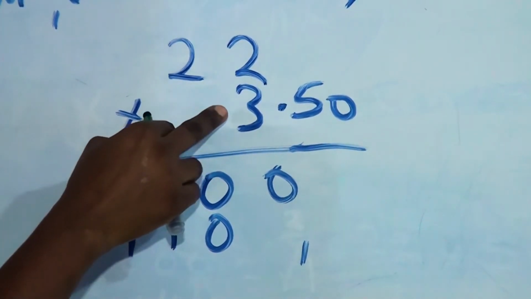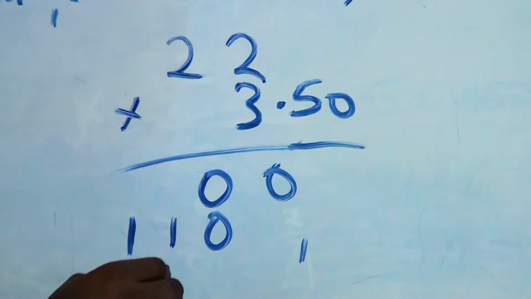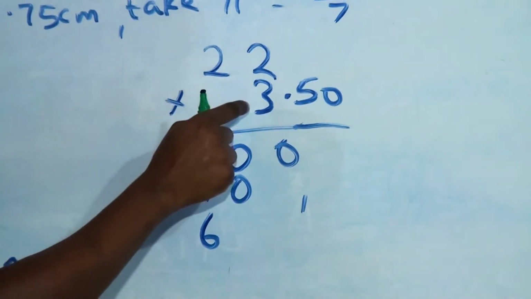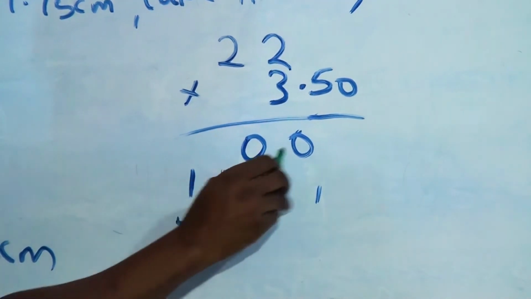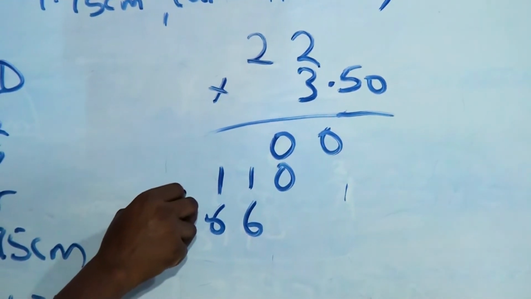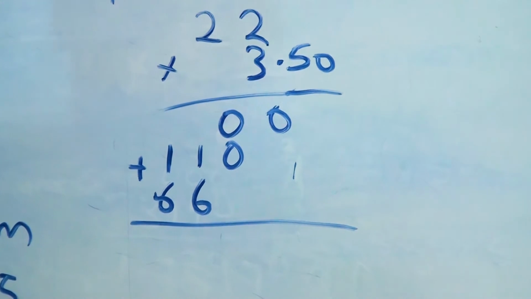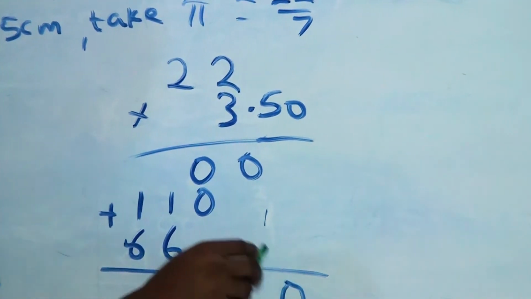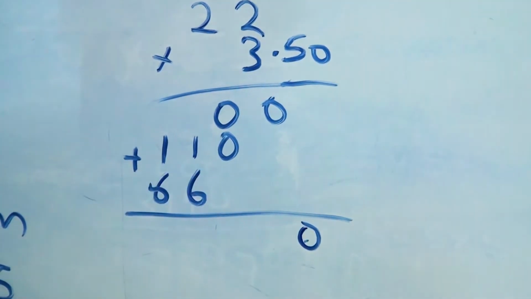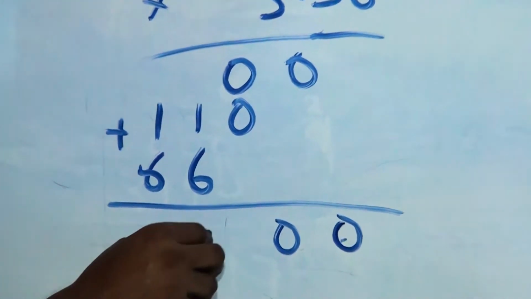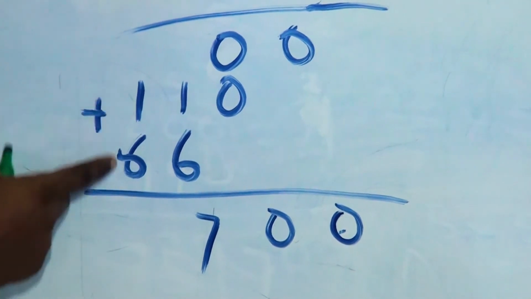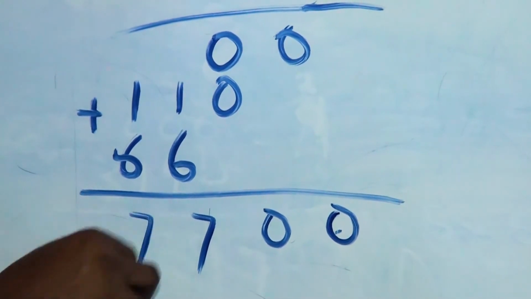Okay. 3 times 2 is 6. And 3 times 2 here is 6. So we add up 0, 0, 1 plus 6, 7, and 1 plus 6, 7.